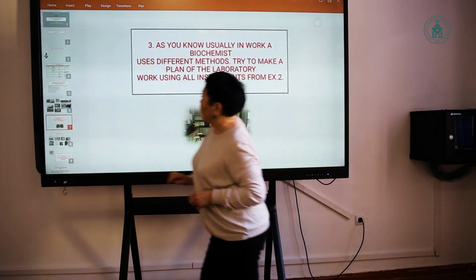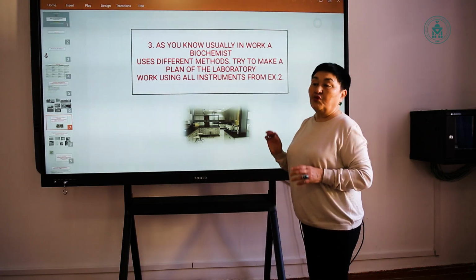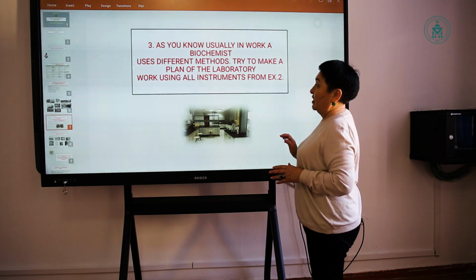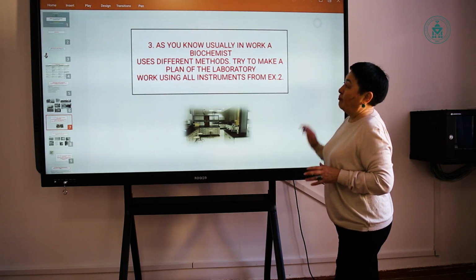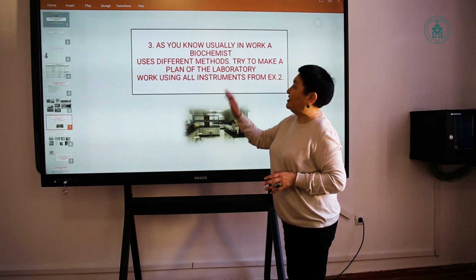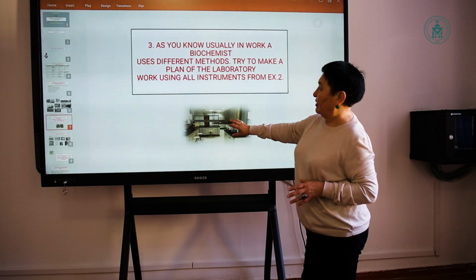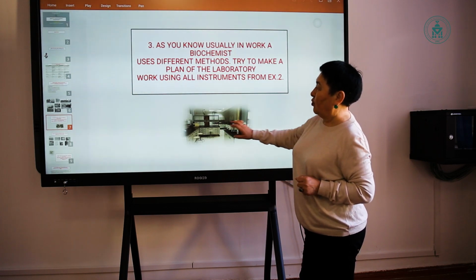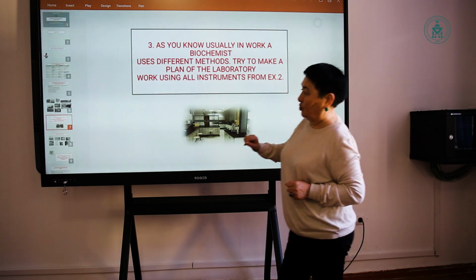The next slide, the next task, is for consolidation of the task. As you know, usually in work a biochemist uses different methods. Try to make a plan of the laboratory work using all instruments from exercise 2.